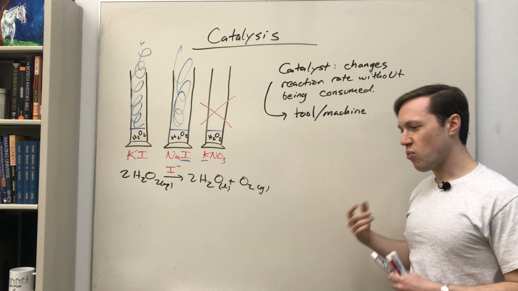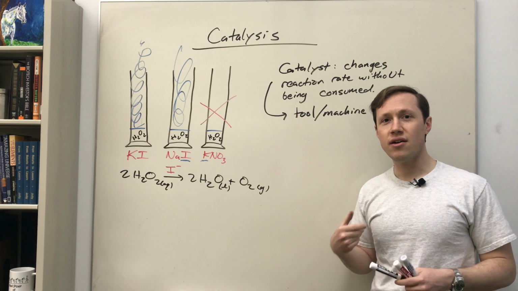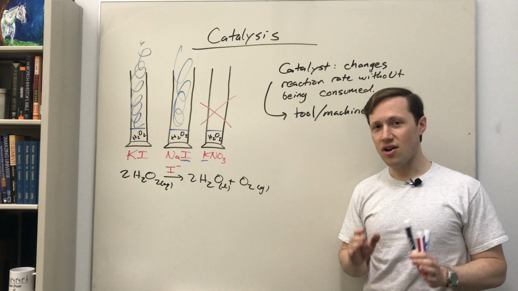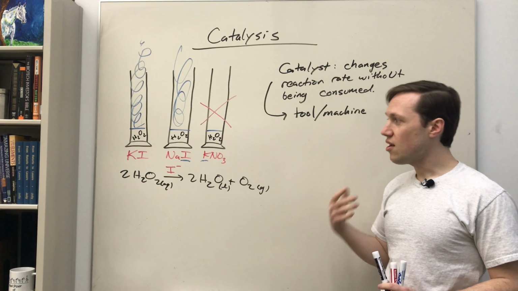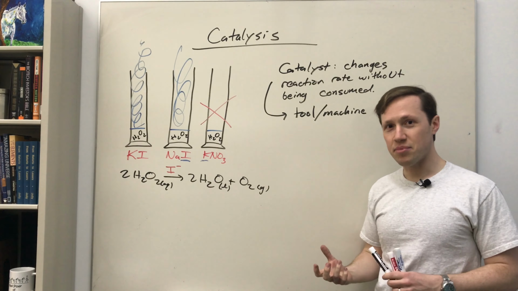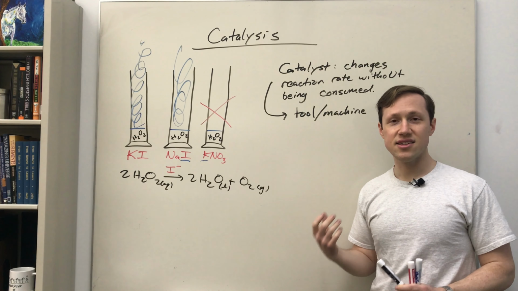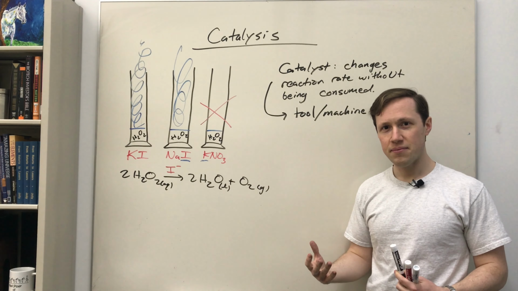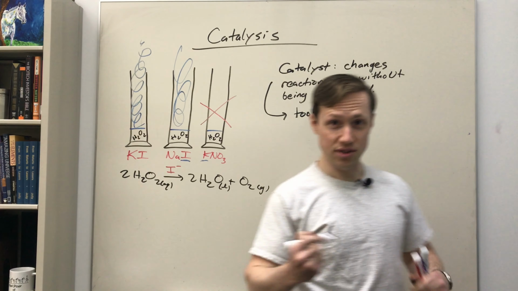Let's take a look at what that means in terms of the potential energy surface. We already saw earlier on, when we looked at the elephant's toothpaste example, that the catalyst can appear in the reaction rate law. But let's see what it does on the potential energy surface.